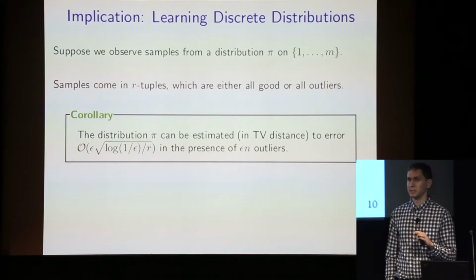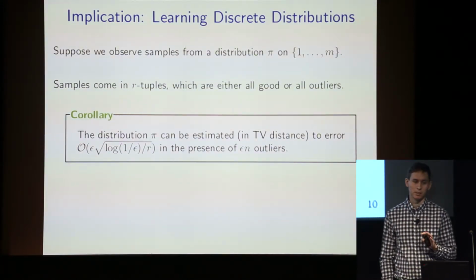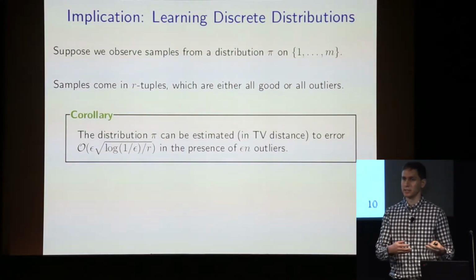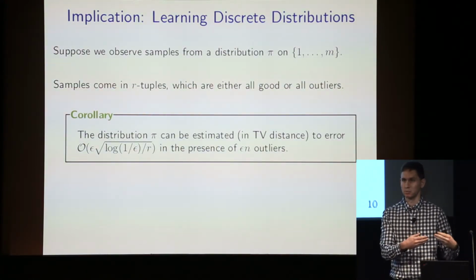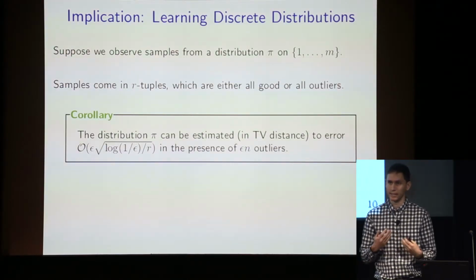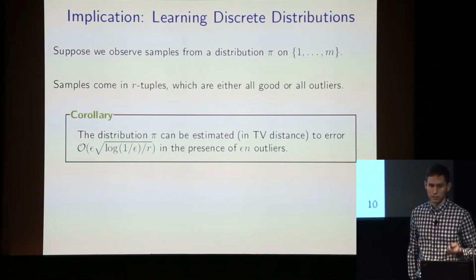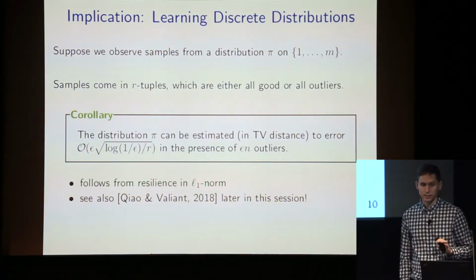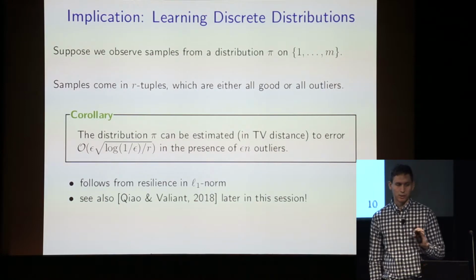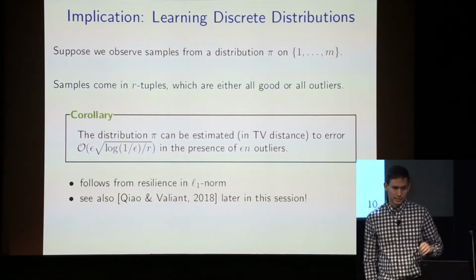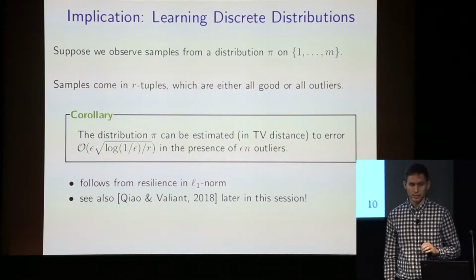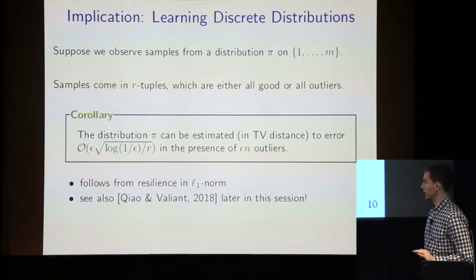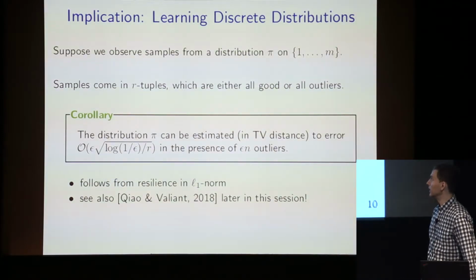Note that if we didn't get these batches, it would be impossible to get a TV distance better than epsilon, because the adversary can always perturb the distribution by epsilon in TV distance by adding epsilon outliers. So this is showing that the batches help. Again, this is not efficient. It comes from resilience in the L1 norm, and Chow and Valiant in two talks are going to give an algorithm for actually doing this efficiently.